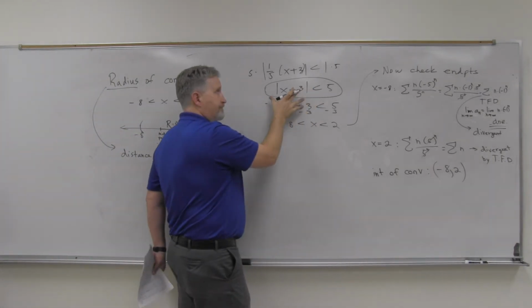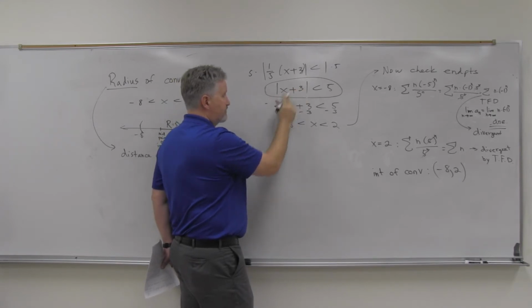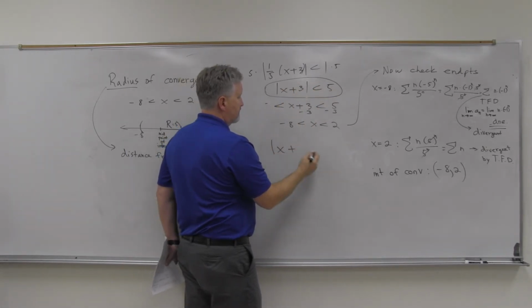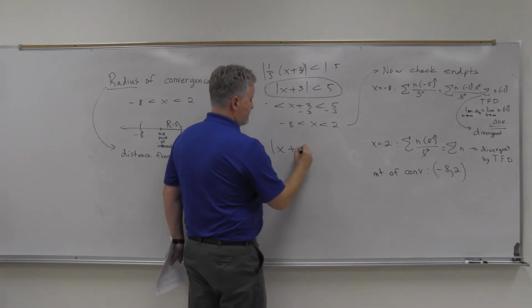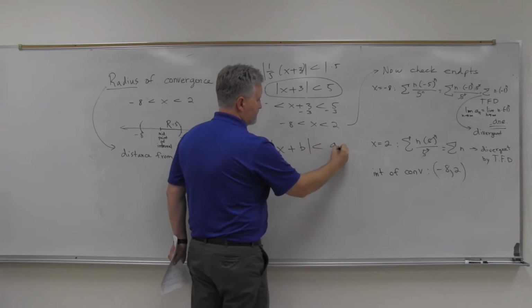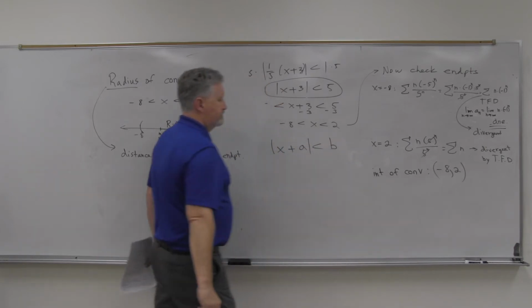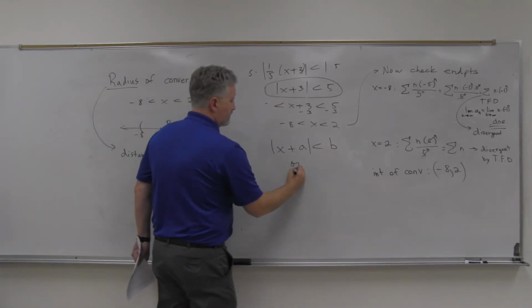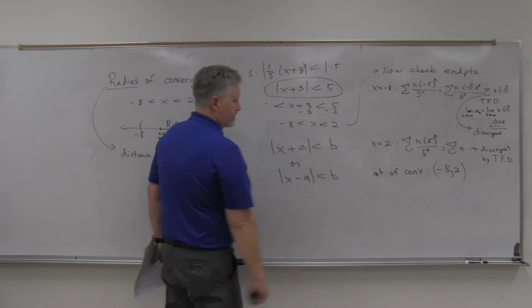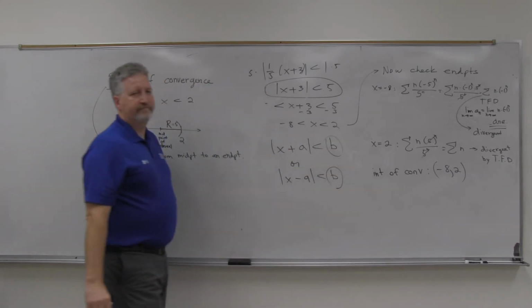If you get this absolute value inequality in a form like x plus a number less than a number, or x minus a number, this number right here is going to be your radius of convergence.